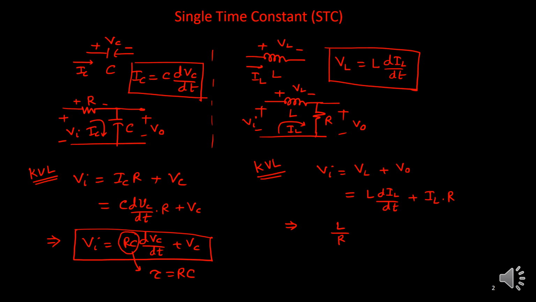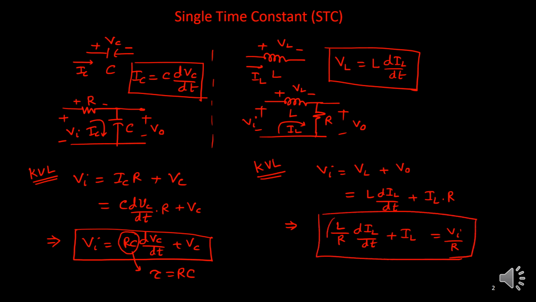I can divide both sides by R, so I can write L/R dIL/dt plus IL equals Vi/R. In this differential equation, the coefficient of this term is again your time constant tau, that is L/R. So the time constant for an RC circuit is R into C, and the time constant for an inductance resistance or RL circuit is L/R.